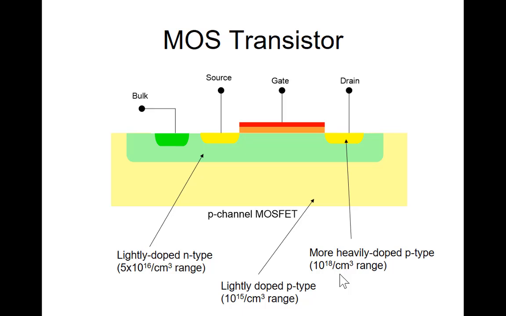Roughly speaking, the actual source and drain area is on the order of magnitude 100 times more heavily doped than the bulk and the substrate. The PMOS is more heavily doped than the NMOS.